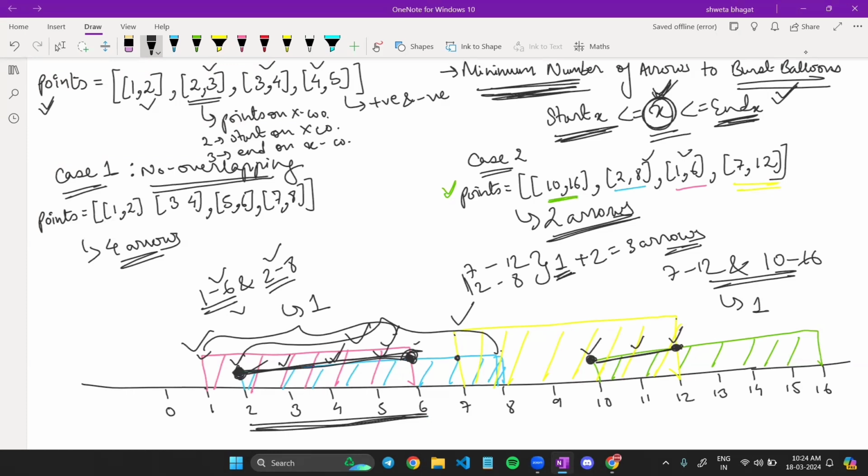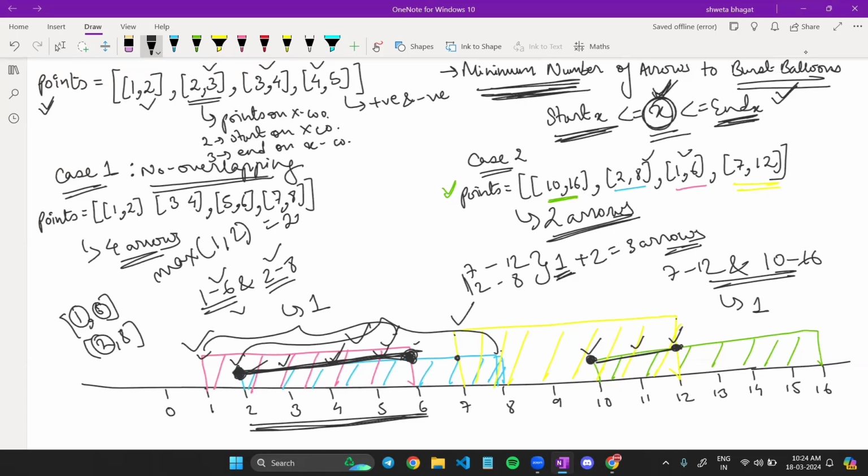And how do we get this 2 to 6? We have the first balloon at 1 to 6 and the second balloon at 2 to 8, right? And how are we getting this interval, that is, where we should shoot? We get it by finding the max of the start. So what would be the max of 1, 2? It would be 2.